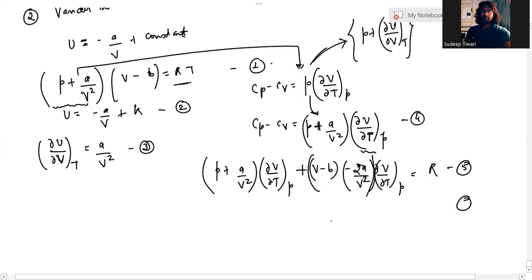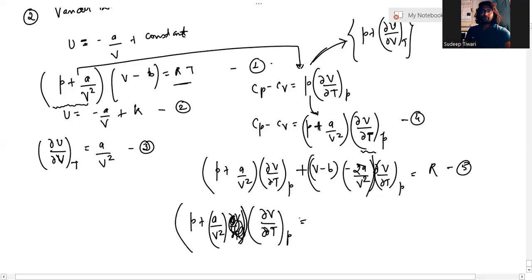It's so complicated. So let me just write del V by del T at a constant pressure. It is equal to, I should write it here. So I'll write P plus A upon V square, del V by del T at a constant pressure. This entire thing is equal to what?